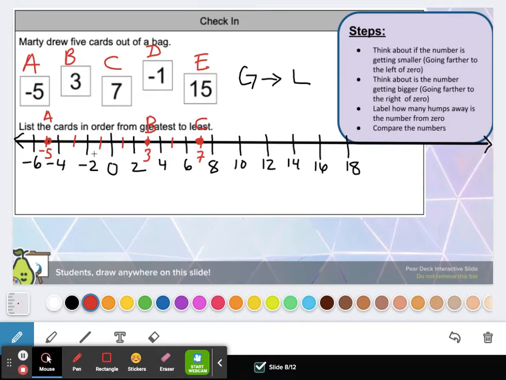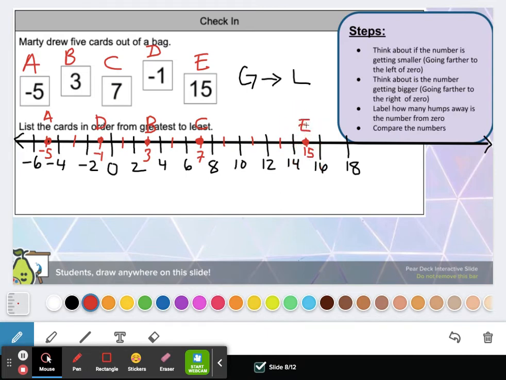So I have 0, then it's -1 right here. And this one should be D. And then if I go back to 0, I'm going to go to +15. So this is 0, 1, 2, 3, 4, 5, 6, 7, 8, 9, 10, 11, 12, 13, 14, 15. So 15 goes right here, 15. And that is my letter E.